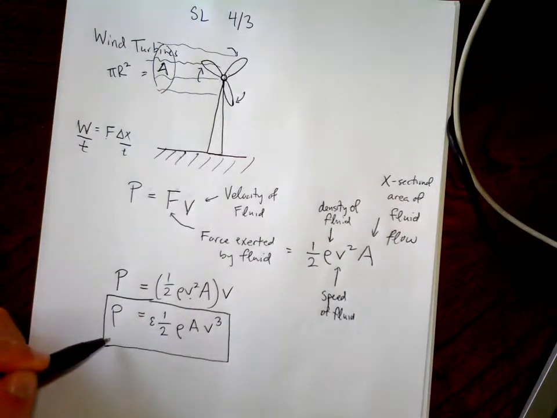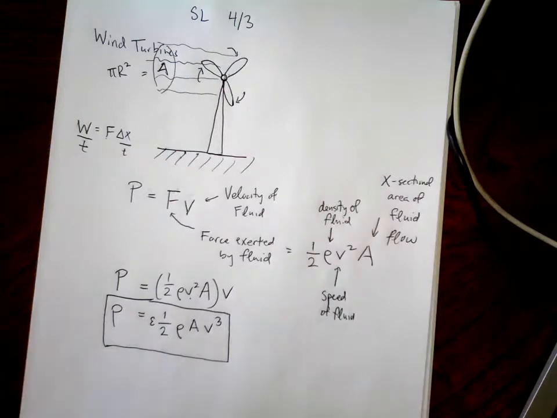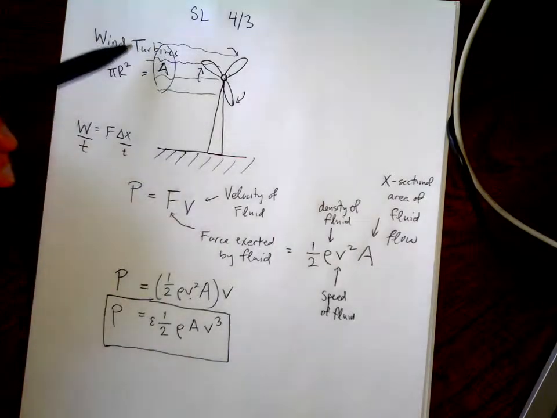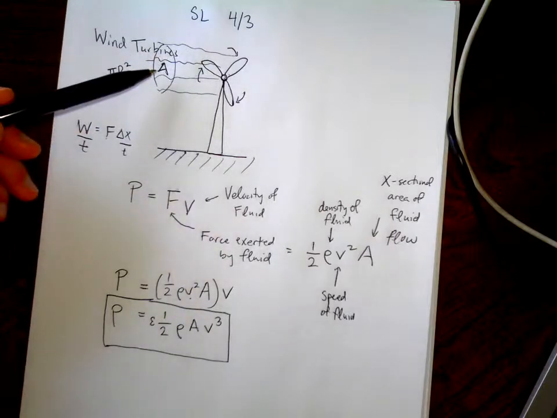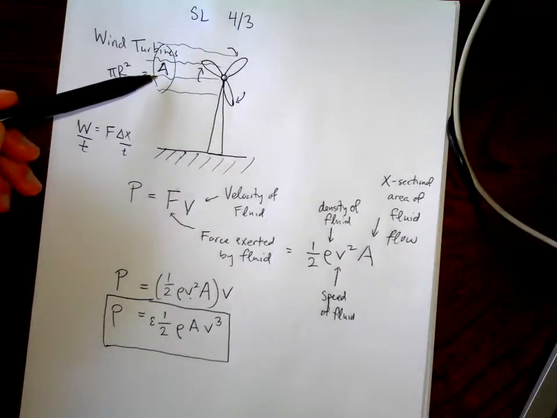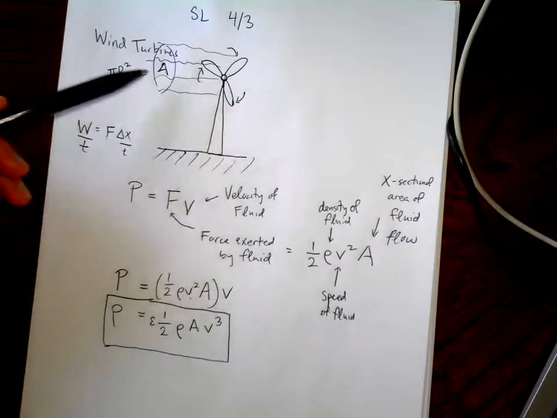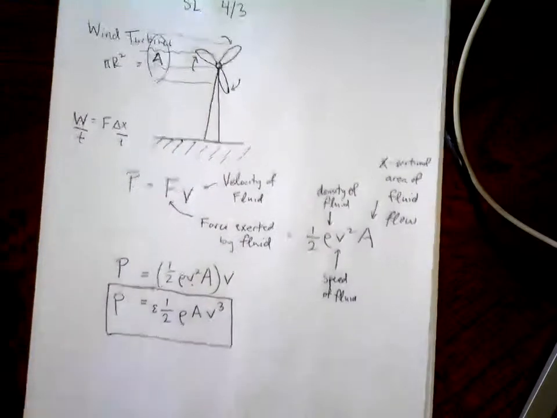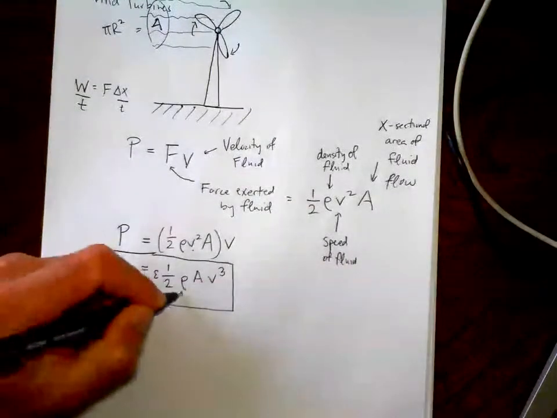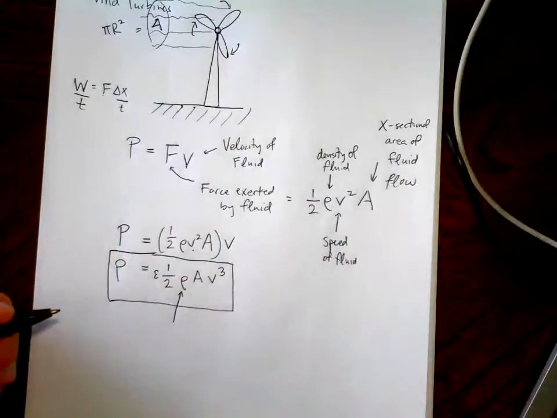This equation works for wind turbines, and it works for hydroelectric generators, because a hydroelectric generator still has a turbine that's spinning. The only difference is the fluid that is making it spin is water, not air. So there are two densities you should know depending on what is spinning the turbine.